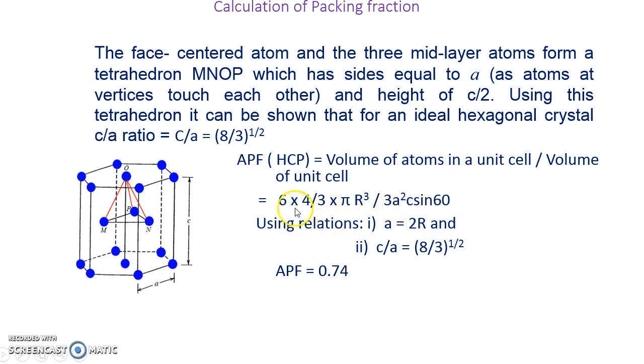To simplify this relation, it is necessary to use the relation A equal to 2r, where r is the radius of an atom and A is the lattice parameter, edge of a hexagon, and the second relation, C by A ratio root 8 by 3. Substituting these values and simplifying, we get the atomic packing factor equal to 0.74. That means in a close packed structure, the packing factor is equal to 0.74. This we have observed in FCC structure also. Thank you.